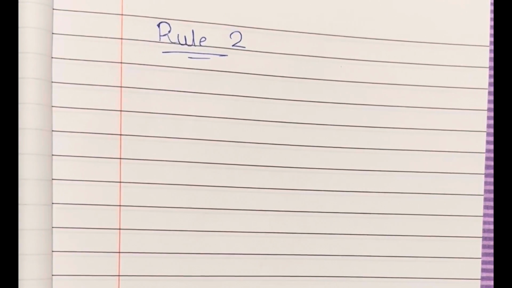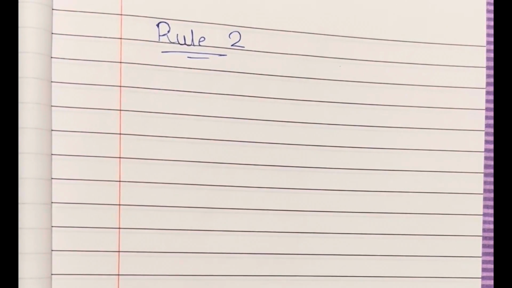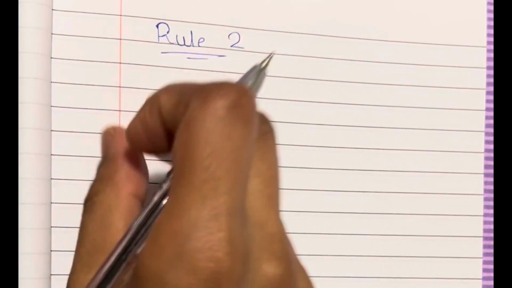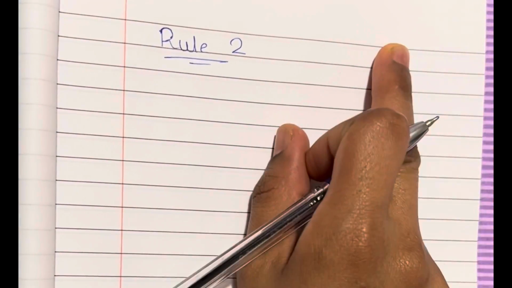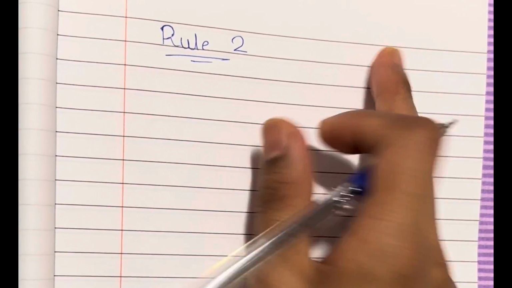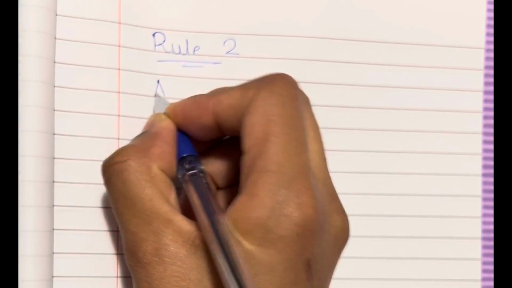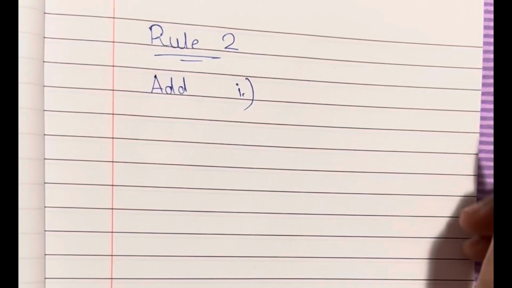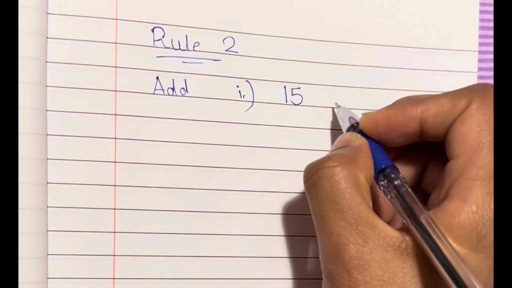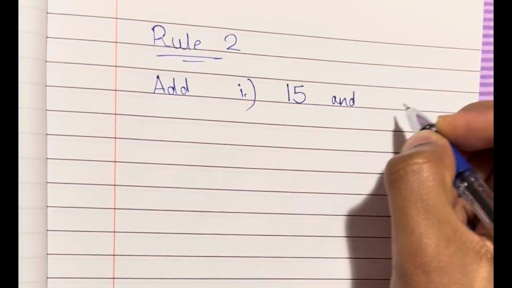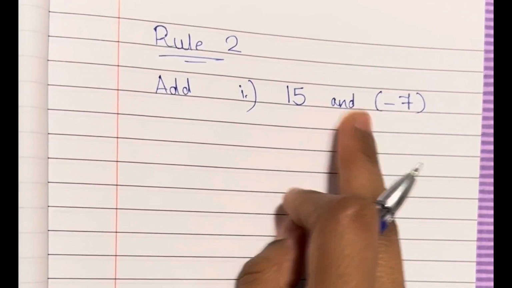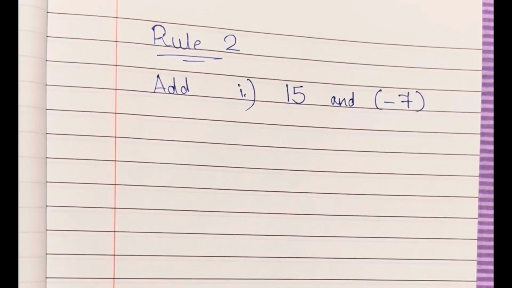Next is rule 2. In rule 2, addition again comes, but what is the rule? Addition of two integers having one positive integer and one negative integer. See, add: the question is 15 and, of course it is plus, then minus 7. So the operation is to add here because 'and' is there.